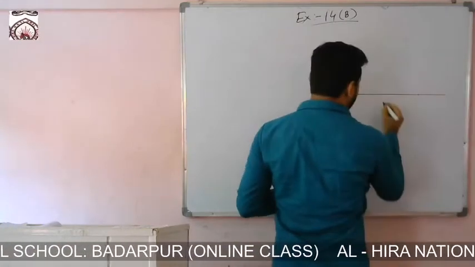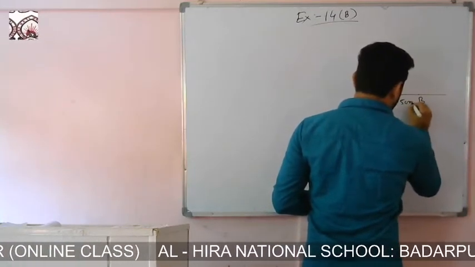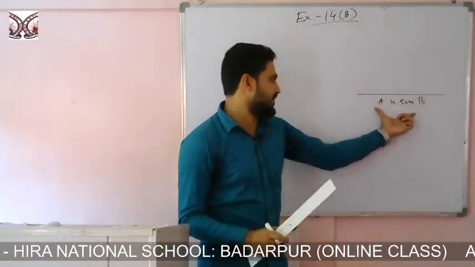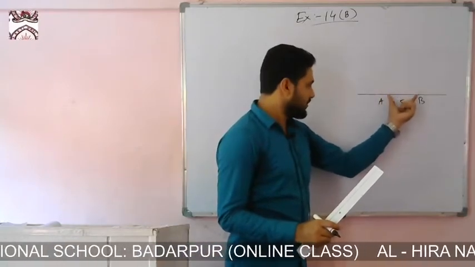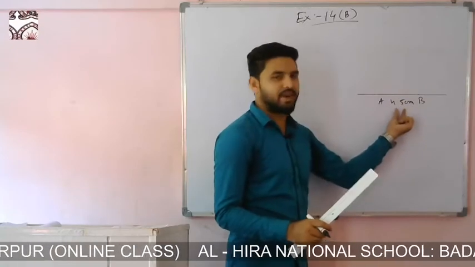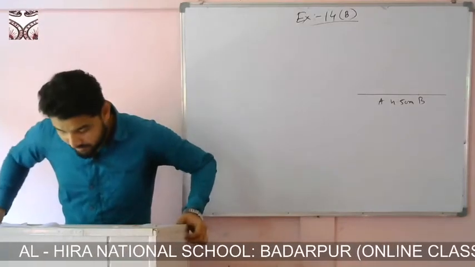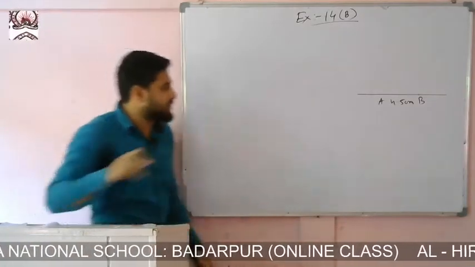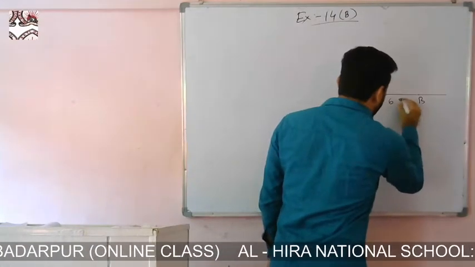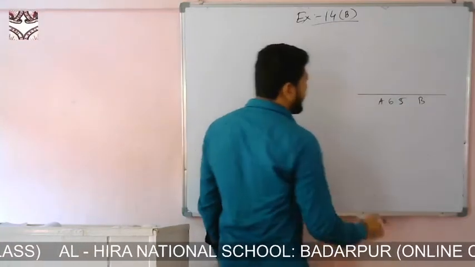I have taken a line segment without any measurement, and from that I have taken the measurement AB equal to, not 4.5, 6.5. I will take 6.5.